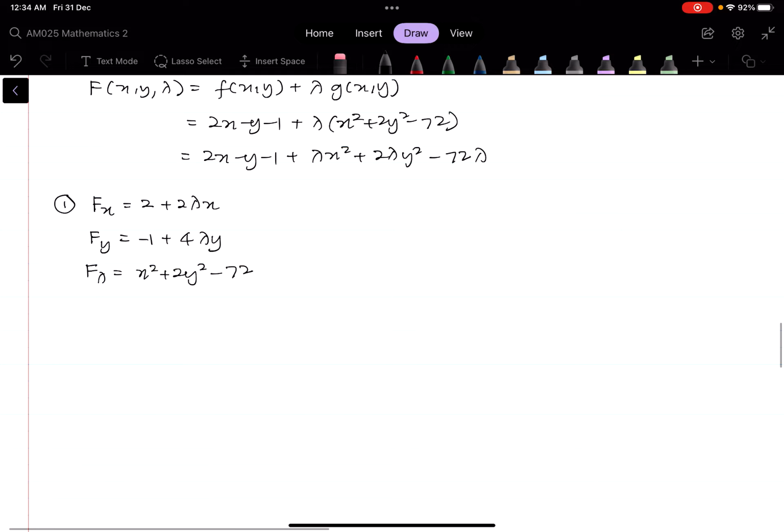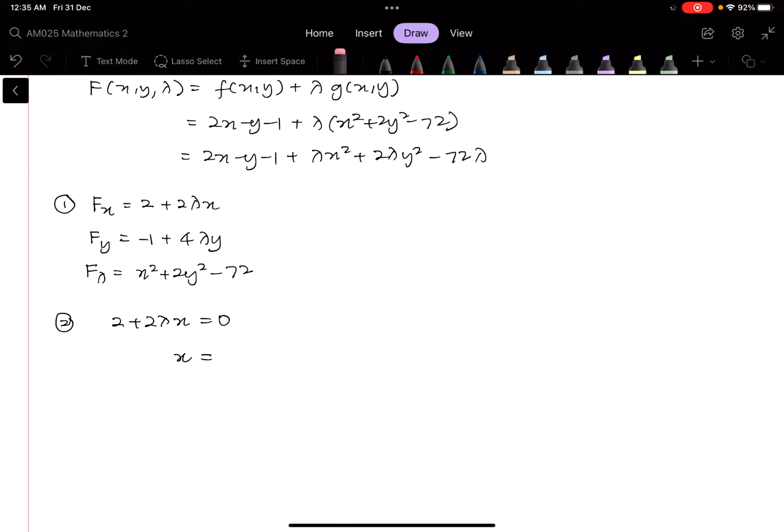So now let's find the values of x, y, and lambda. Let us take a look here. What equation do we have? We have 2 plus 2 lambda x, and we equate it with 0. So 2 plus 2 lambda x equals 0.